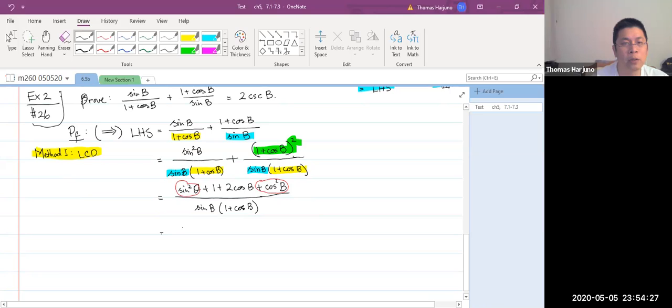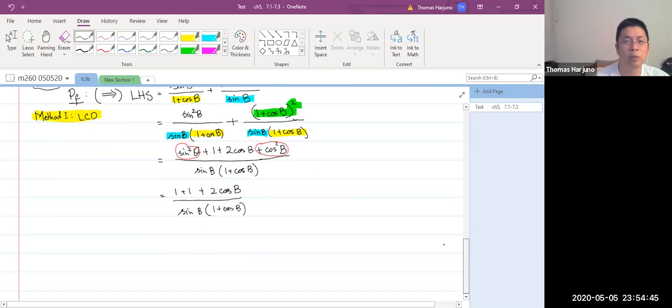I get 1 plus 1 plus 2 cosine B over sine B times 1 plus cosine B, which is, 1 plus 1 is 2, that's 2 plus 2 cosine B over sine B times 1 plus cosine B.